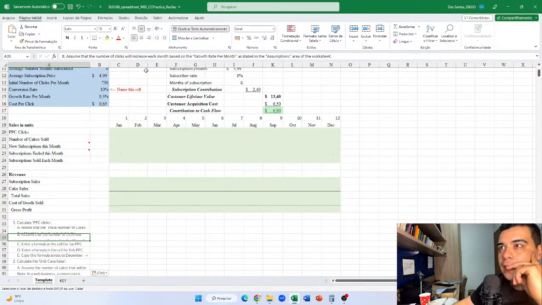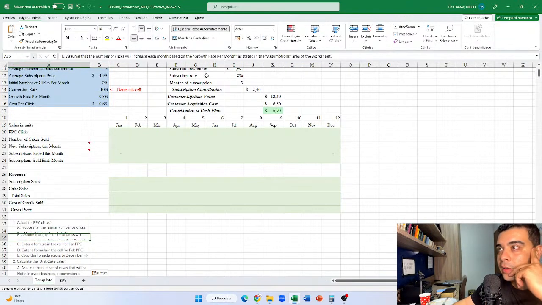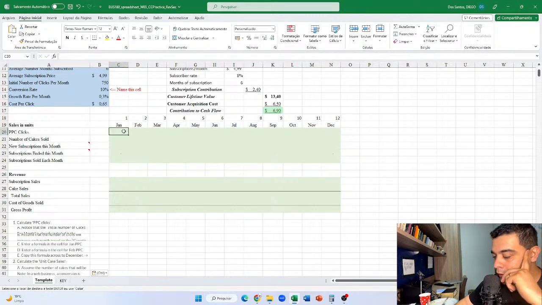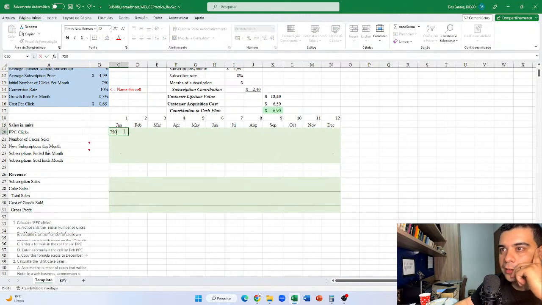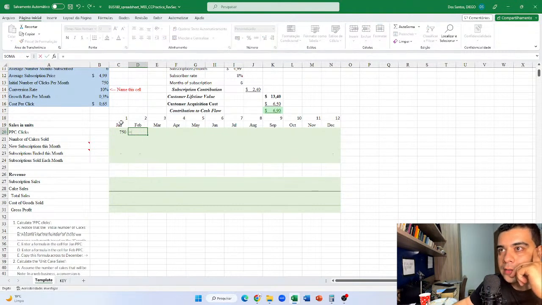Assume that the number of clicks will increase each month based on the growth rate per month. Ok, então vai crescer 0.3. Isso aqui é uma fórmula. A gente aprendeu na coisa passada, é legal essa fórmula. As stated in the assumptions area of worksheet. Então aqui, ó, vai ser assim, ó, 750. Aí aqui vai ser esse.